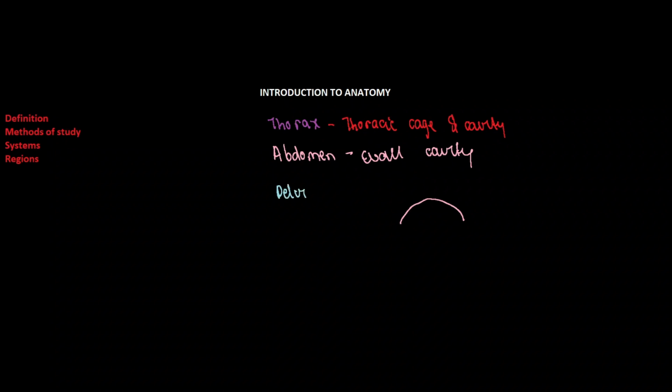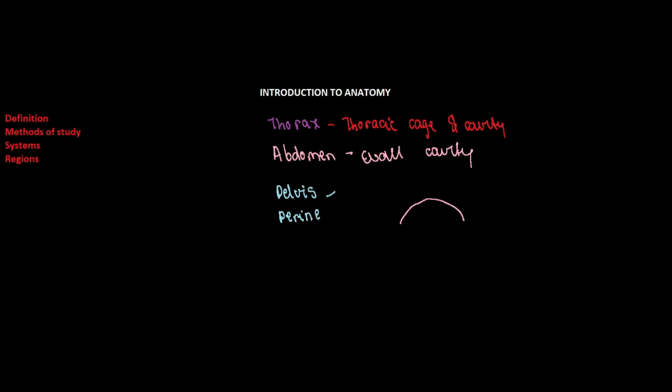Next region we'll be considering is the pelvis. The pelvis is the region of the body that is between the hip bones. In the pelvis region we have the urinary bladder and internal sex organs, and we also have the distal end of the digestive tract, enclosed within the pelvic cavity.